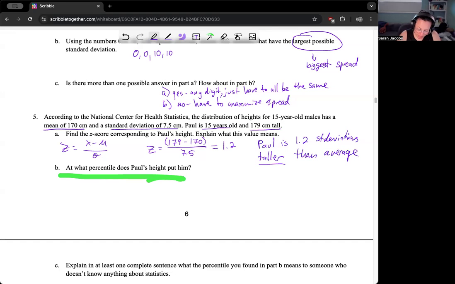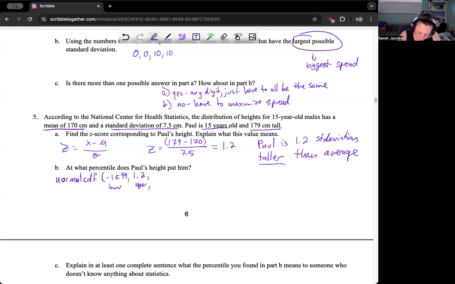At what percentile does Paul's height put him? Okay, we could use the z-score here or the values. Let's do both. So if we wanted to use his z-score, we would say the lower is negative infinity. The upper is Paul's z-score.